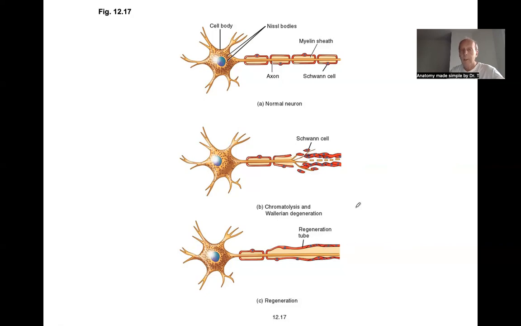Also, as we know, nerve cells are in the G0 phase. That means they are unable to follow the principles of mitosis and to keep multiplying throughout our life. So when a neuron is functional, it's going to look like this.